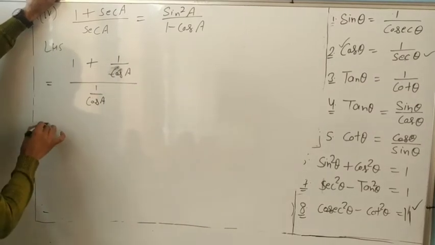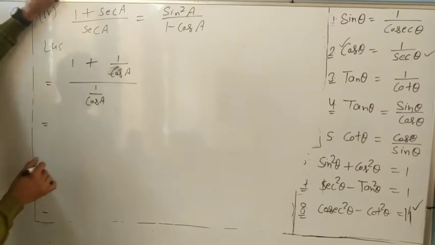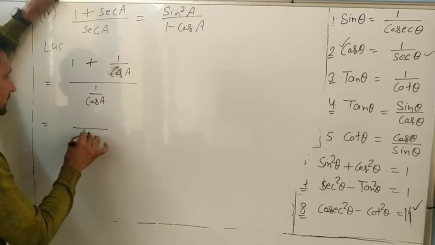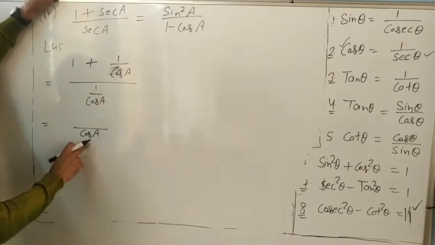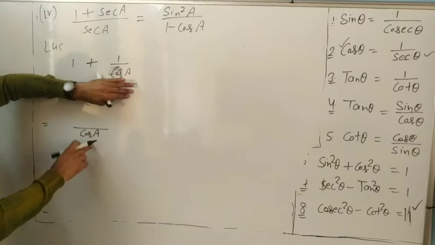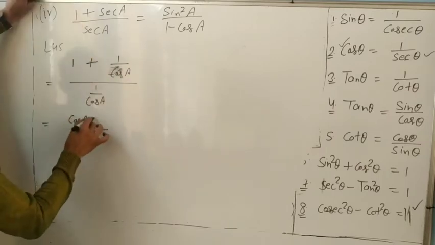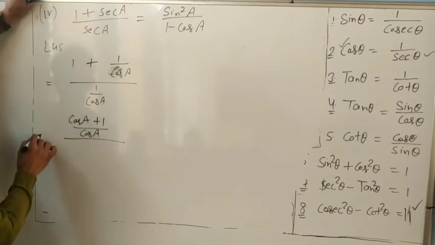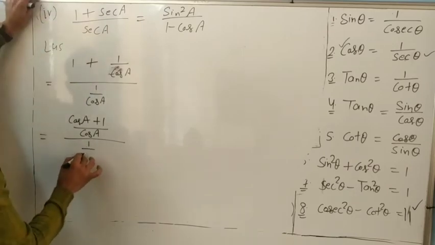Look at how to add, by taking the LCM. The LCM is cos a. 1 into cos a, cos a plus 1, now it is 1 upon cos a.